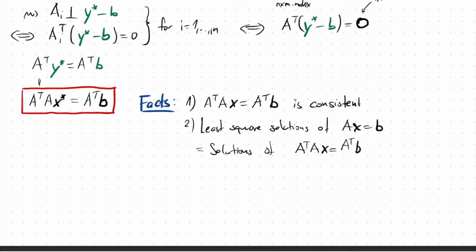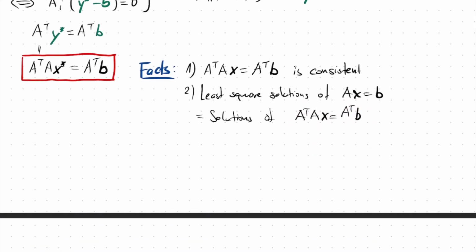That's again a system of linear equations with coefficient matrix A transpose A and right-hand side A transpose b. Note that this system has a unique solution if and only if this matrix, because it's an n by n matrix, is non-singular. So it means the rank is n.